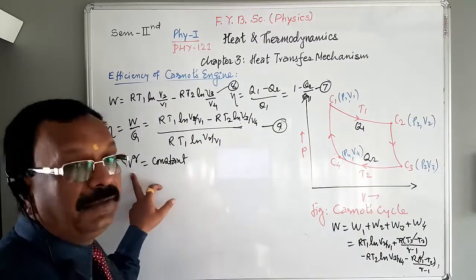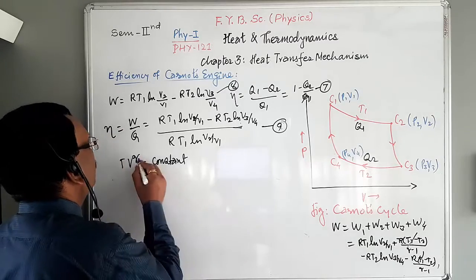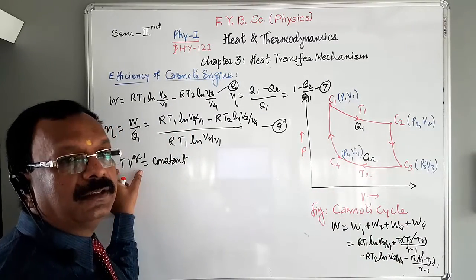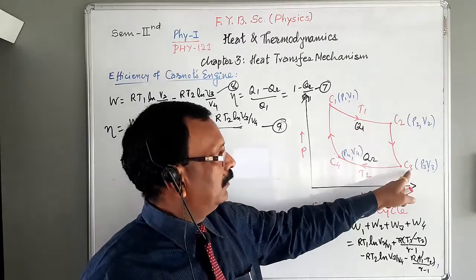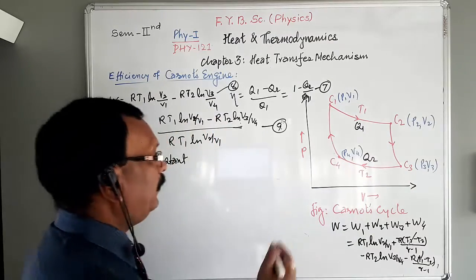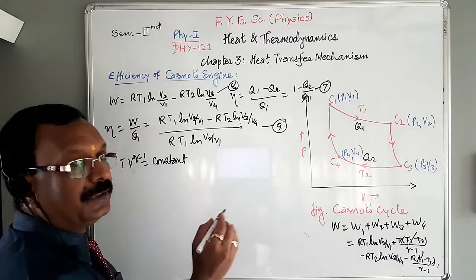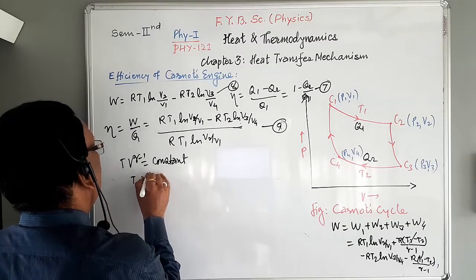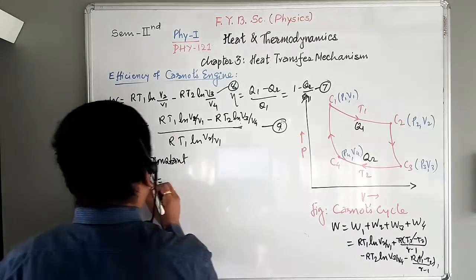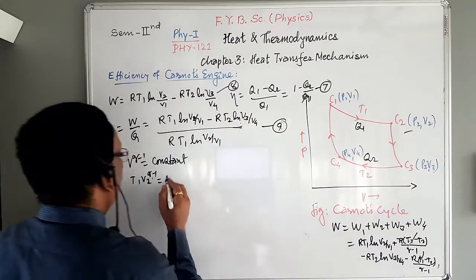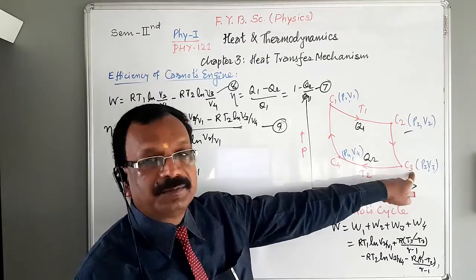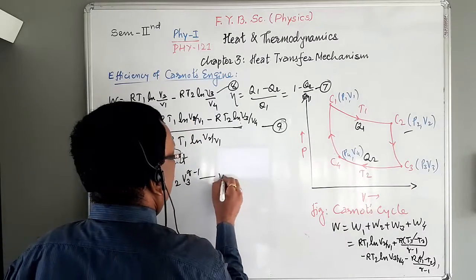Now applying this equation to the adiabatic expansion C2 C3, we have T1 V2 raised to gamma minus 1 is equal to T2 V3 raised to gamma minus 1. Suppose this is equation 10.